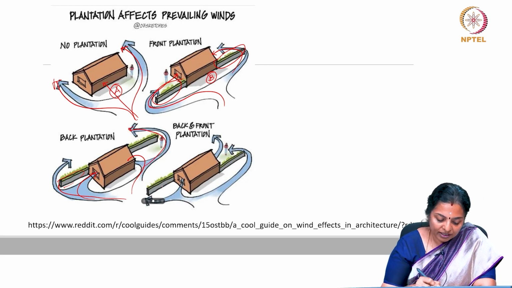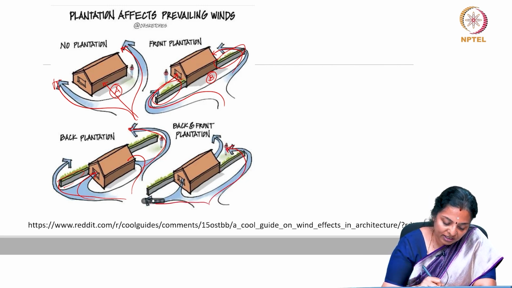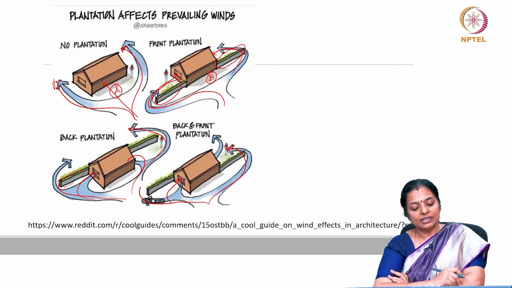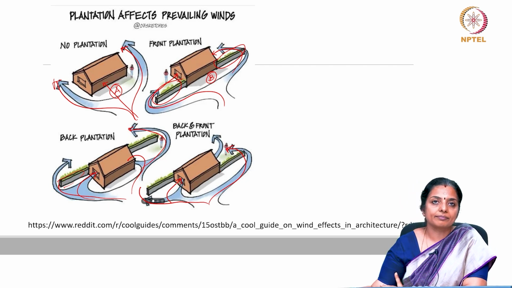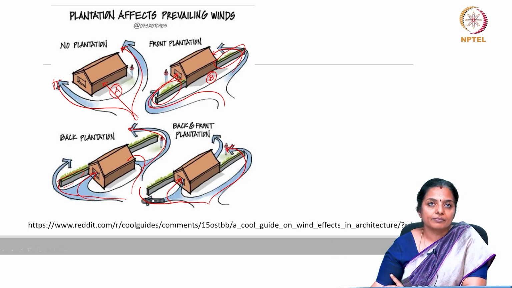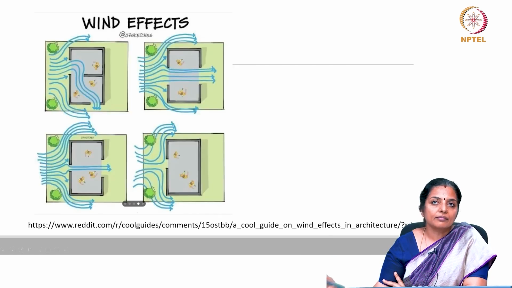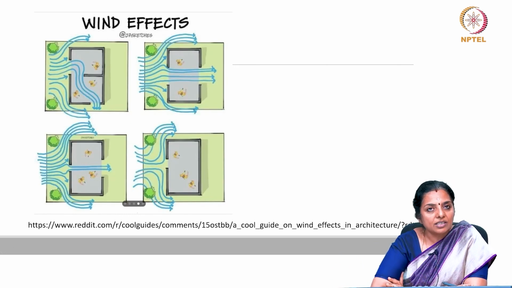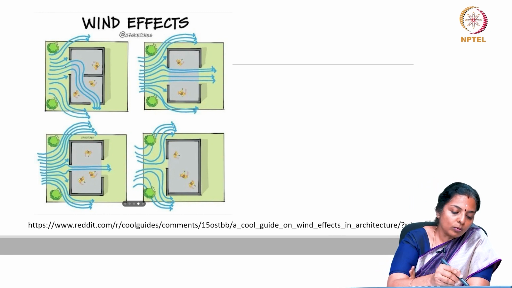And here you have another scenario where you divert the breeze on one side to exit, and you divert the breeze to pause so that the indoors get ventilated. Here is another scenario which we had just discussed, about where to locate the apertures so that the wind blows inside.